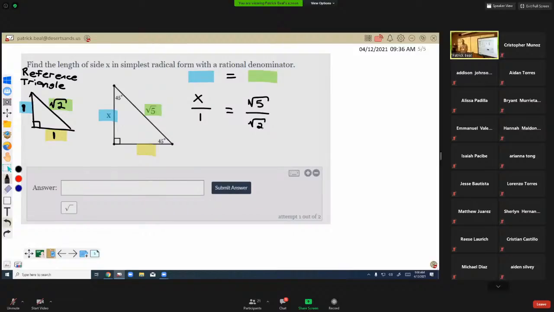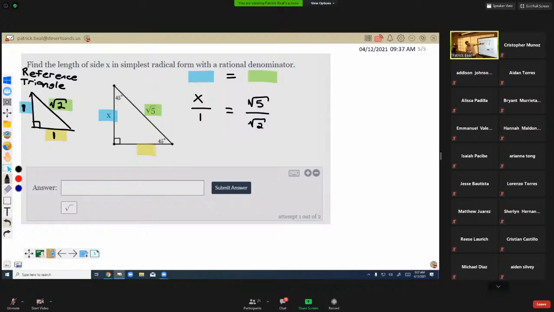And then we need to, normally what I would say is cross multiply, although in this case, it's going to take us longer. Can we skip the cross multiplying stuff?